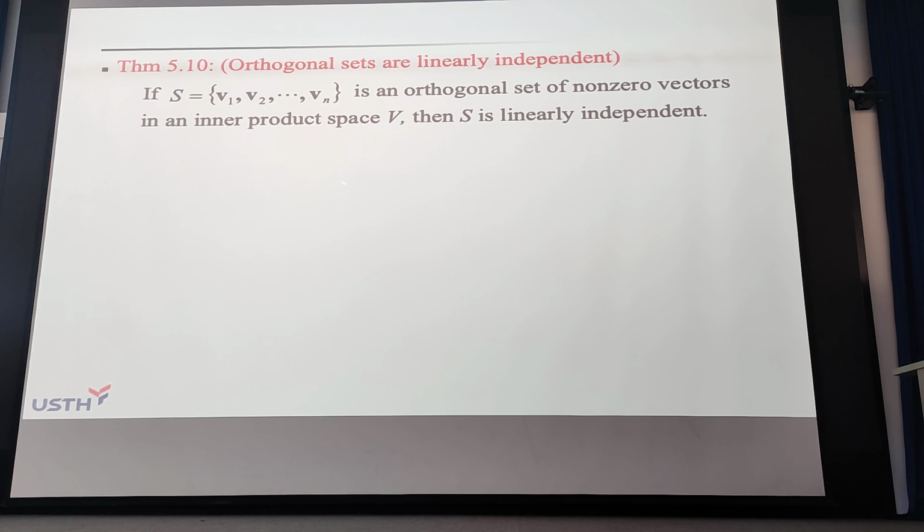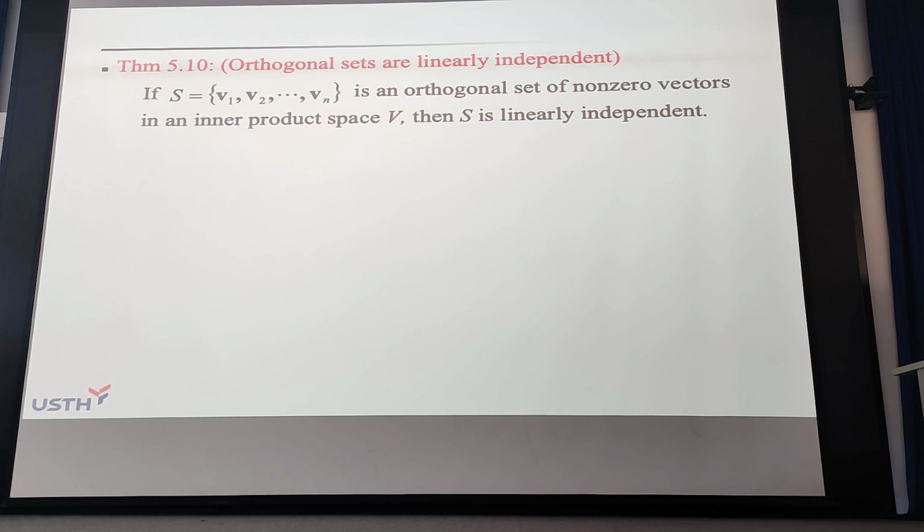Suppose that S is an orthogonal set of non-zero vectors. Then S must be linearly independent. You know that?